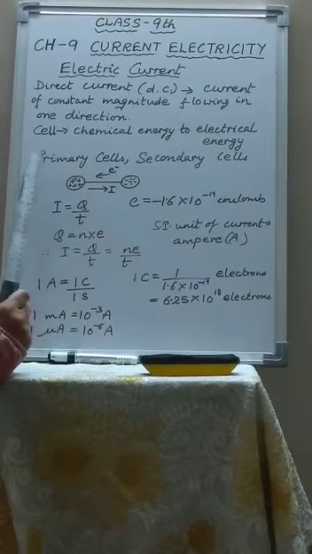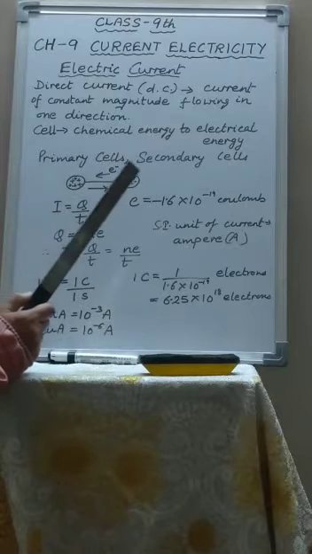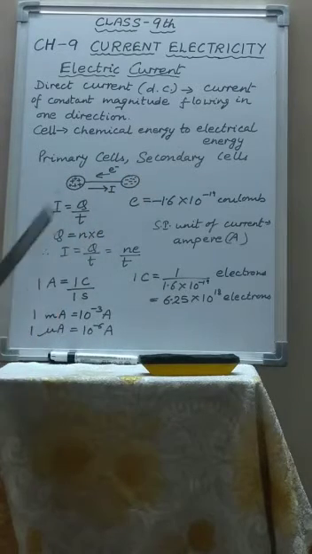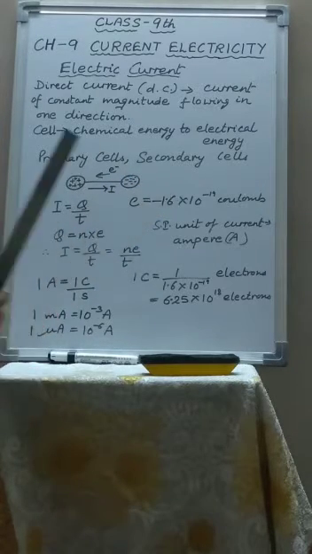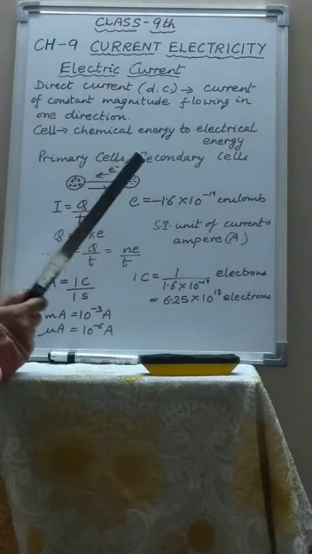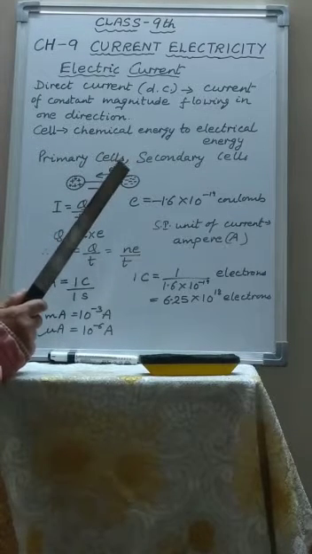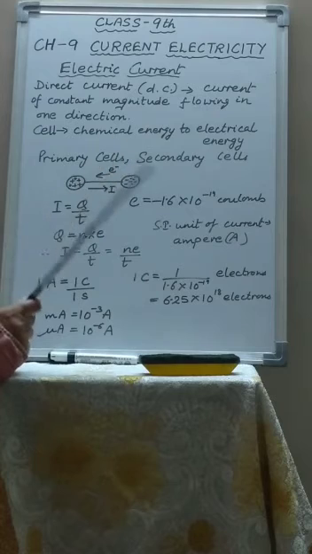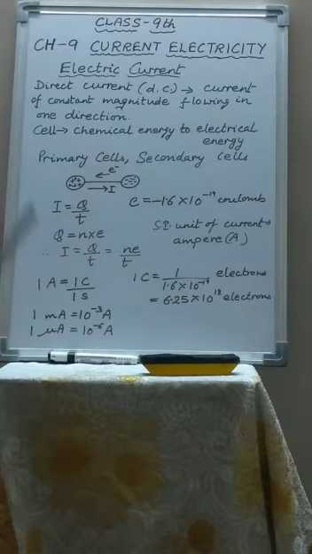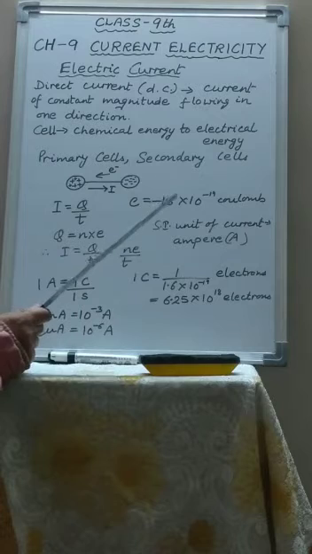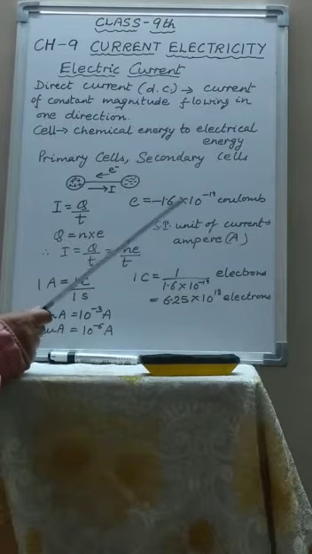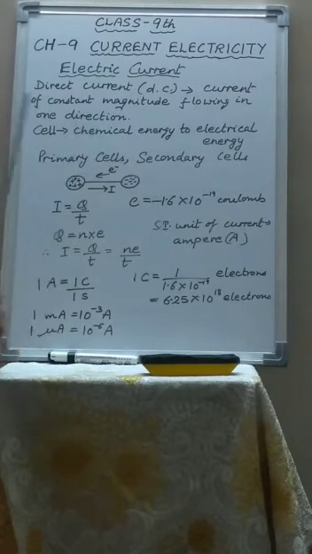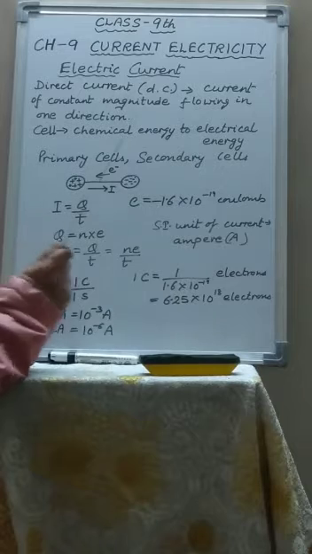The electrons flow from one electrode to the other inside the electrolyte, and outside the cell the current flows from the positive terminal to the negative terminal. Inside it is from negative to positive, but outside along the circuit it is always from positive to negative. So only one direction, so it is called direct current.